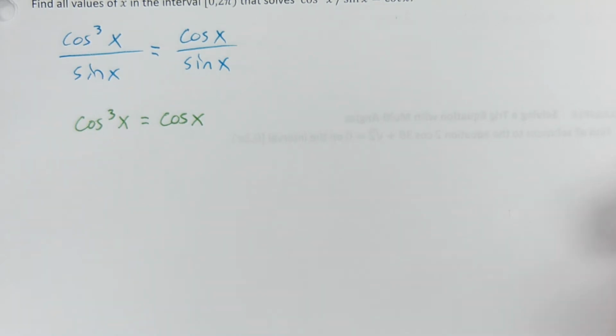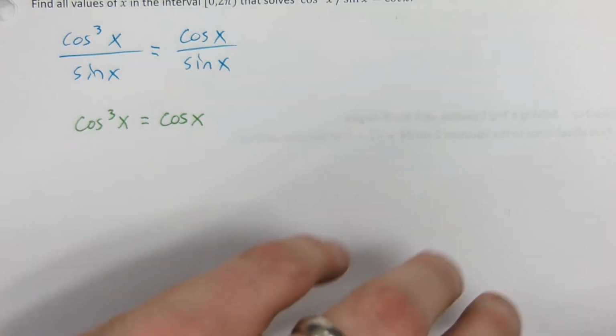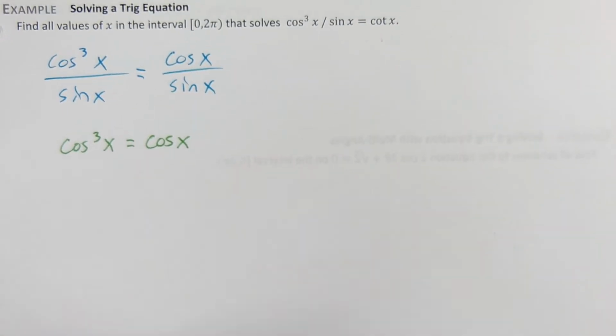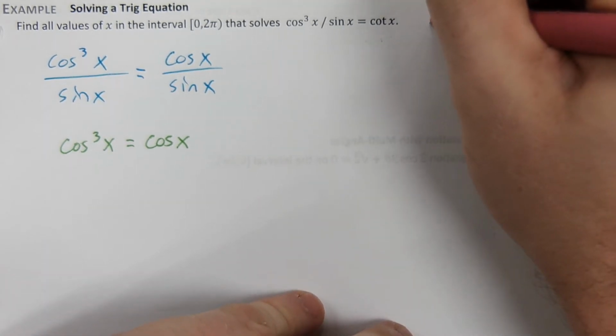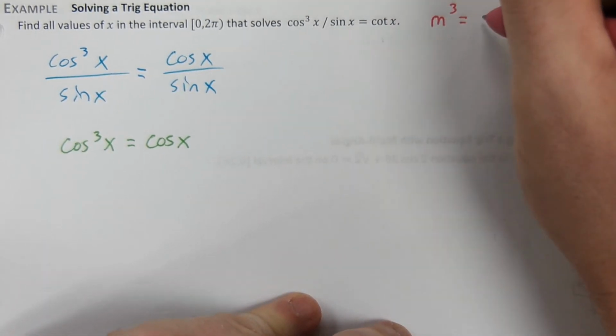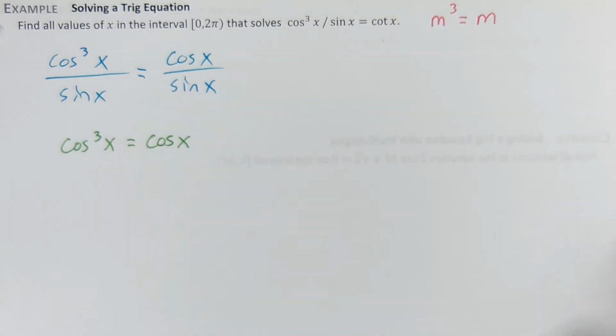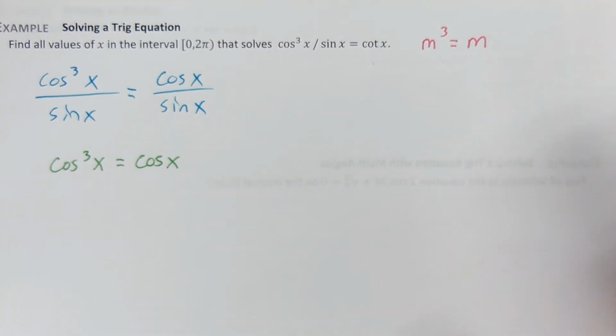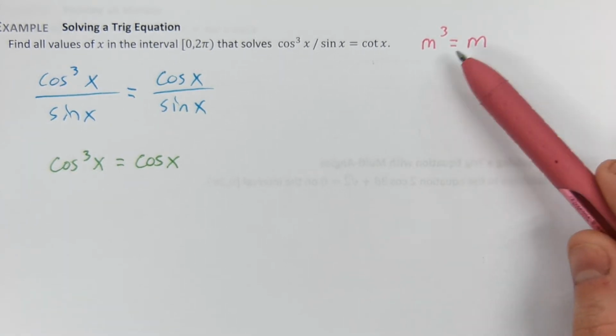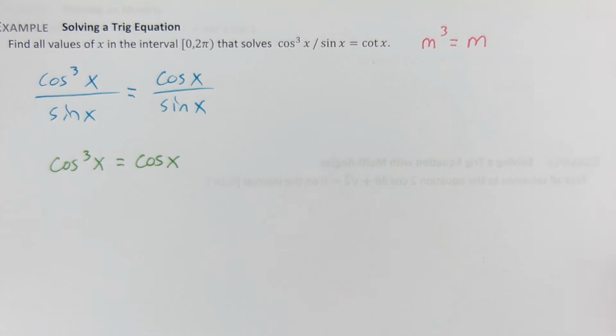How would we solve a question if it was written like this? Instead of writing trigonometry, I'm just going to use a random variable. How do we solve things like this in algebra? You never divide by the object you are trying to solve for, because when you divide by the object you are trying to solve for, you eliminate solutions.